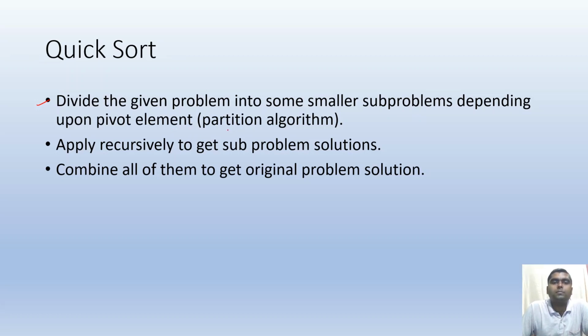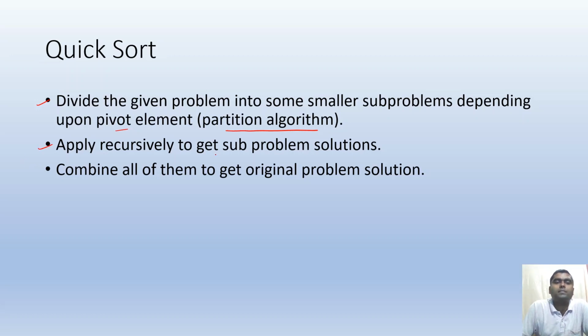There is one algorithm, the partition algorithm, which plays a key role in the quicksort algorithm. The partition algorithm selects a particular element as the pivot element and places it at the appropriate place. Don't worry, I will show you how this algorithm works. So divide the given problem into smaller subproblems depending upon the pivot element. I will show you what the pivot element and partition are.